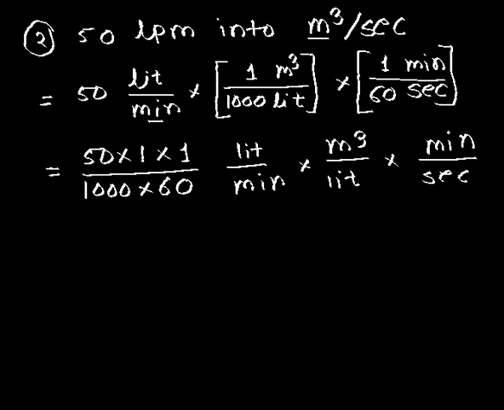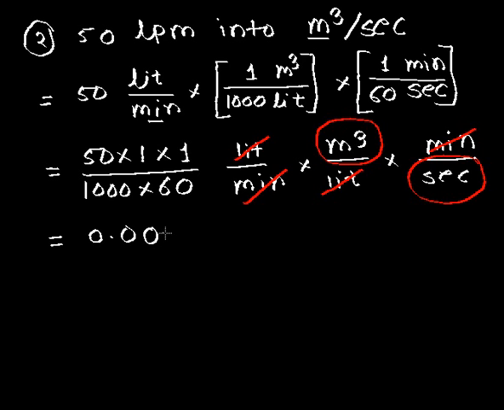Now there is cancellation of liters and of minutes. What remains is meter cube per second. Making the calculation, it comes out to be 0.00083 meter cube per second. Similarly, you can convert any unit.